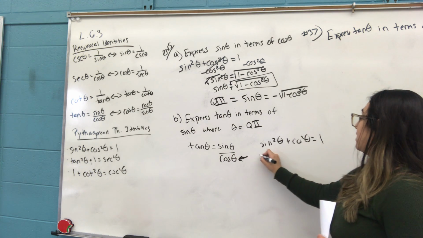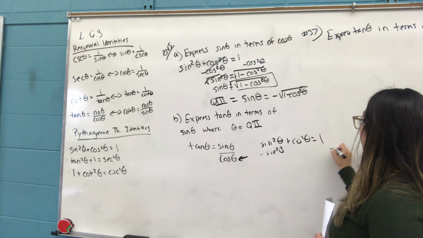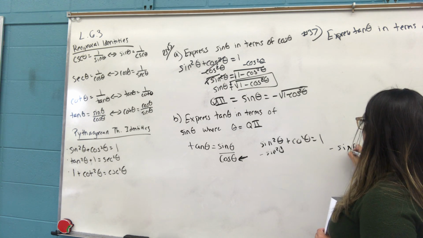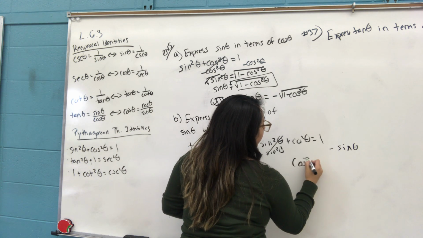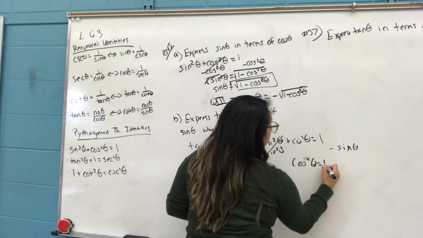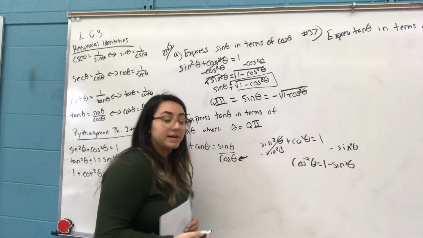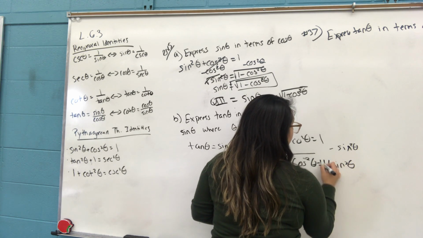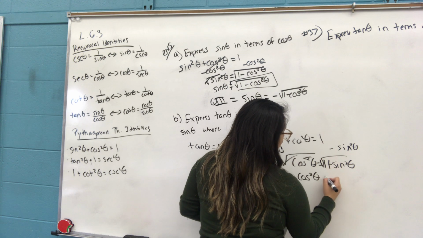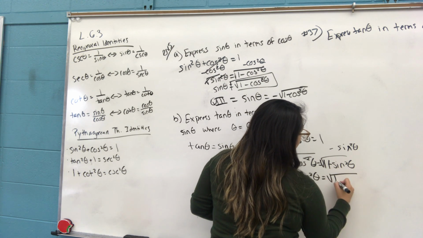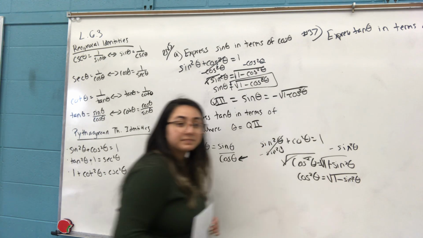So now, subtract sine squared from both sides. And then I get cosine squared is equal to 1 minus sine squared. It's not by itself, so you go ahead and square root both sides. So this cancels out, and we get cosine is equal to the square root of 1 minus sine squared.